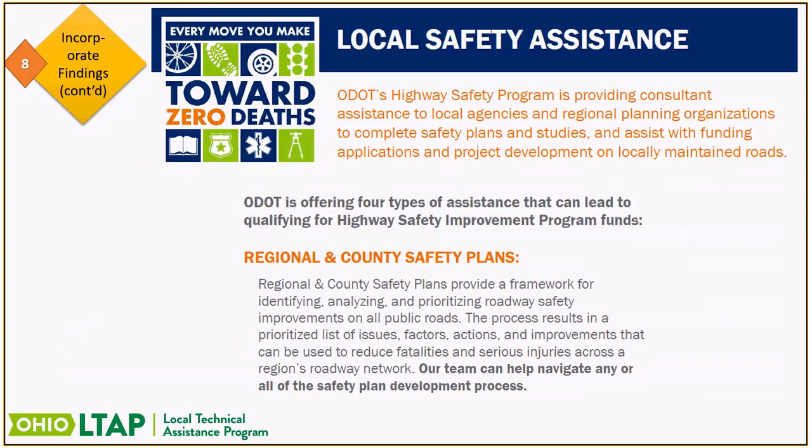Another thing that our safety section has done is they've created a list of different ways that they are ready and prepared to help the local public agencies here in Ohio with improving roadway safety. They have regional and county safety plans that they will help you put together, and they have teams already under contract ready to help with this.